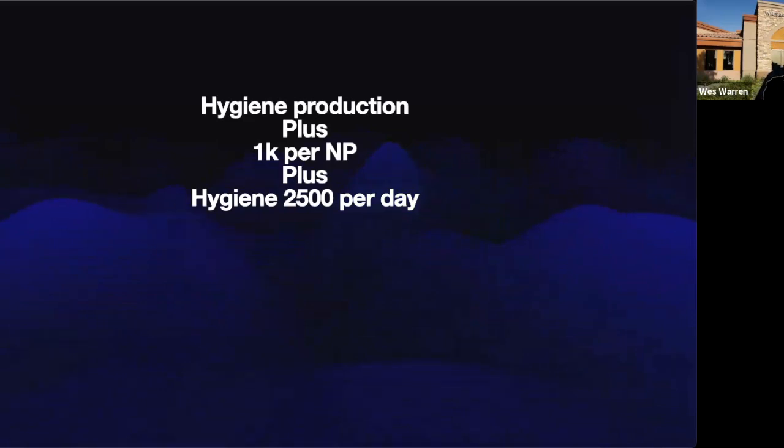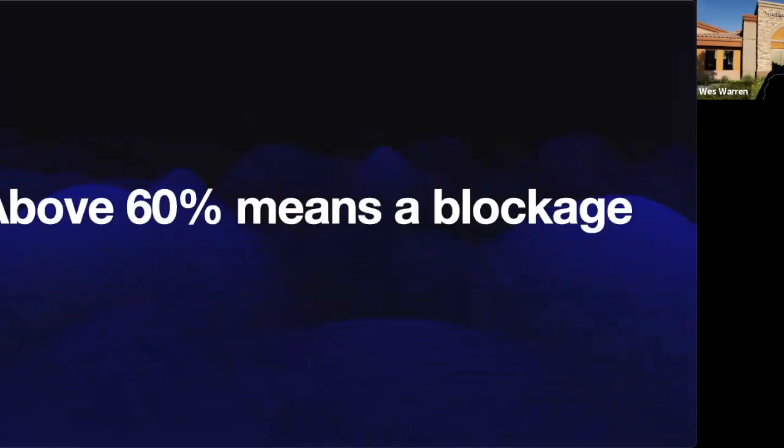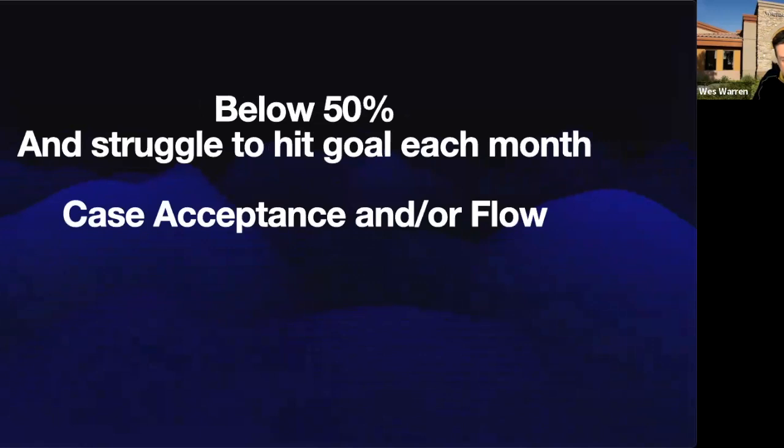So that is obviously something we've covered before, but I just want to cover it again because it is important. Okay. So when you're below this 50%, you don't have a capacity issue, right? You either have a flow issue, not enough patients, or a case acceptance issue.